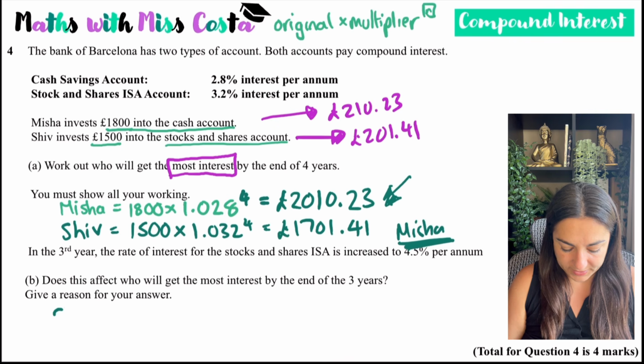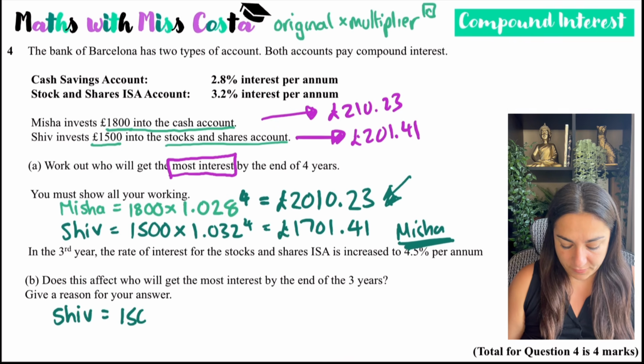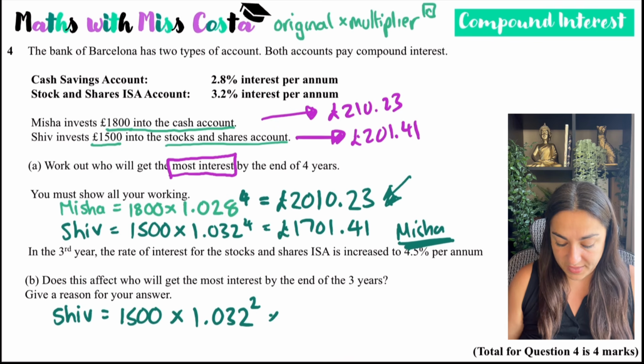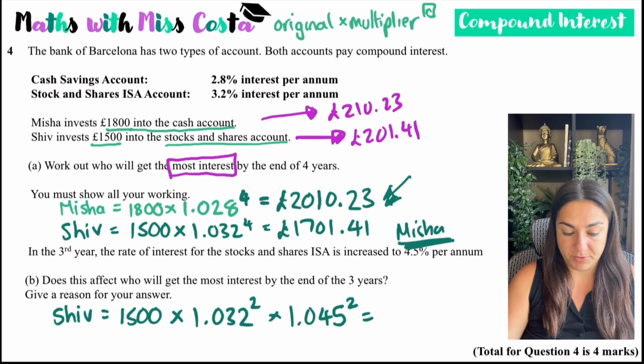So what I need to do is rework out what Shiv's interest would be. So for the first 2 years, it was the normal interest of 1.032. So I'm going to do 1.032 to the power of 2. But then for the next 2 years, it increased to 4.5%, which would be 1.045 as a multiplier. So I would input it into my formula.